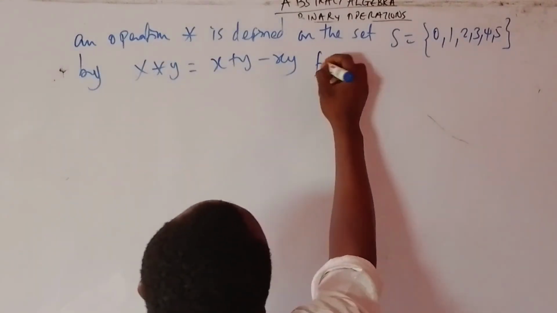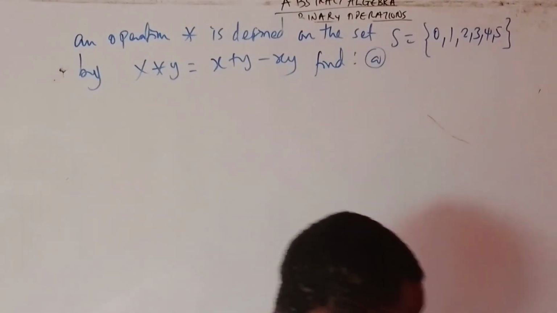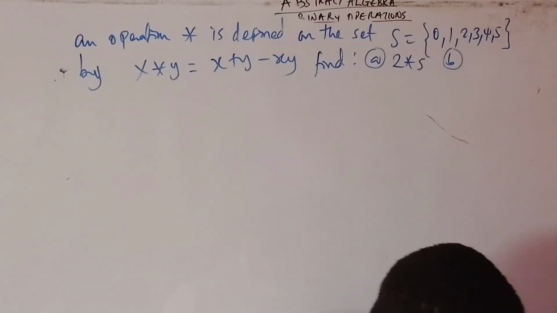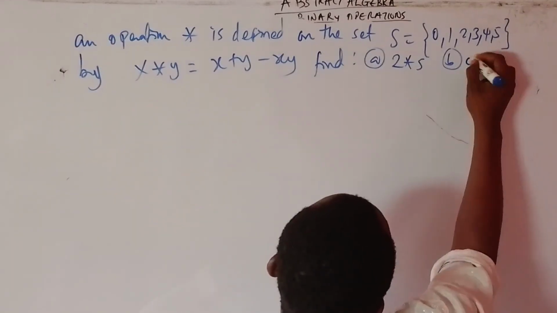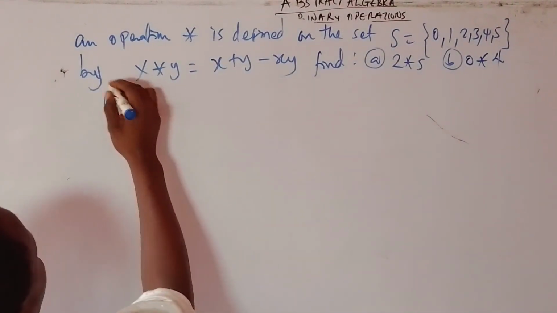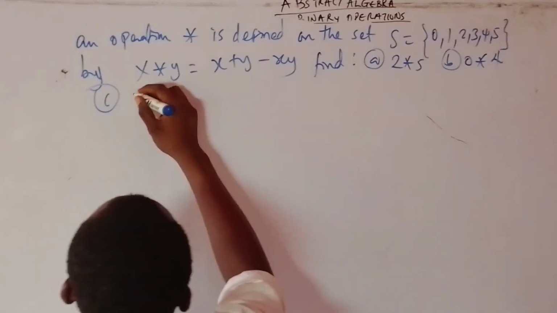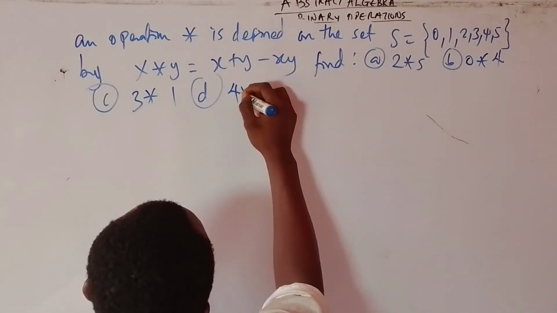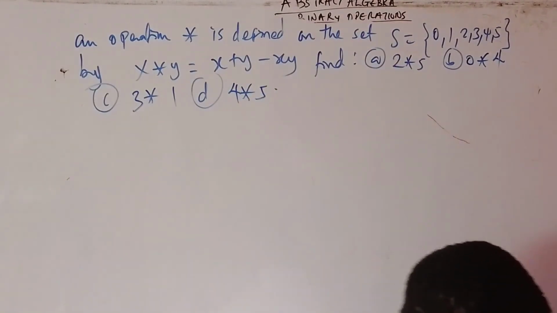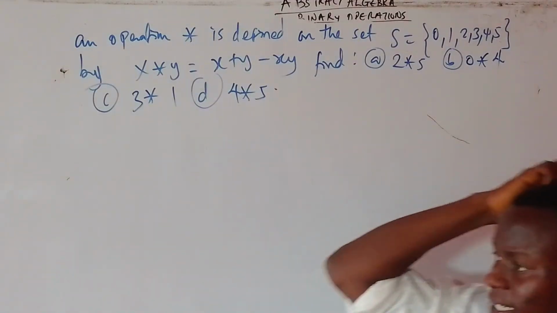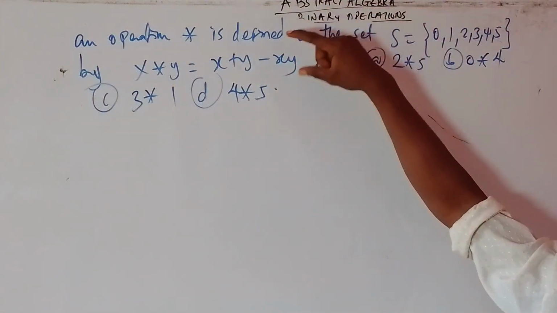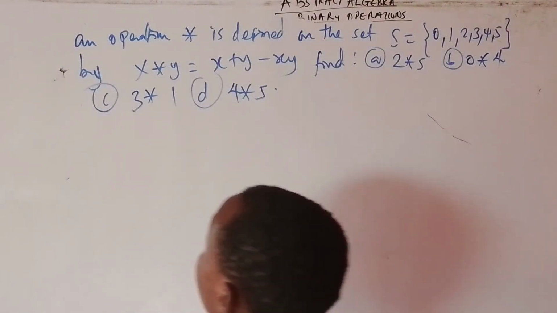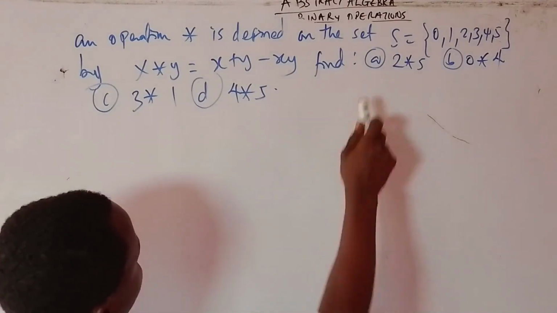Then find the following: A, 2 asterisk 5; B, 0 asterisk 4; C, 3 asterisk 1; and D, 4 asterisk 5. Good. Now let's check whether this set S is closed under the operation asterisk.